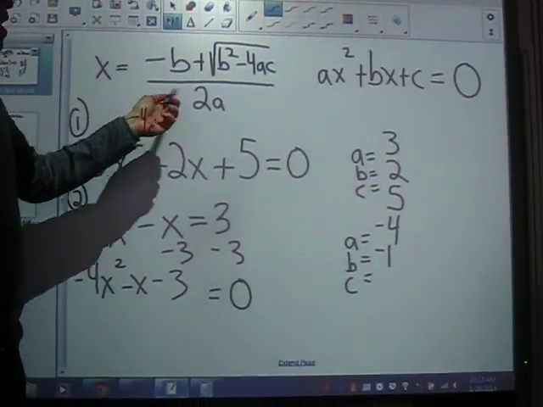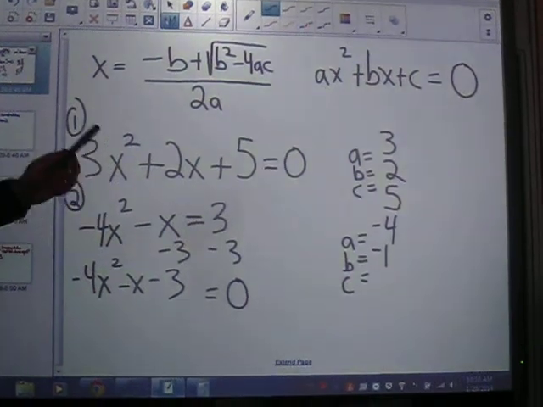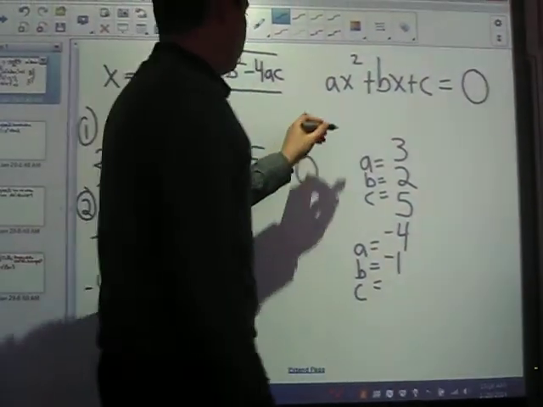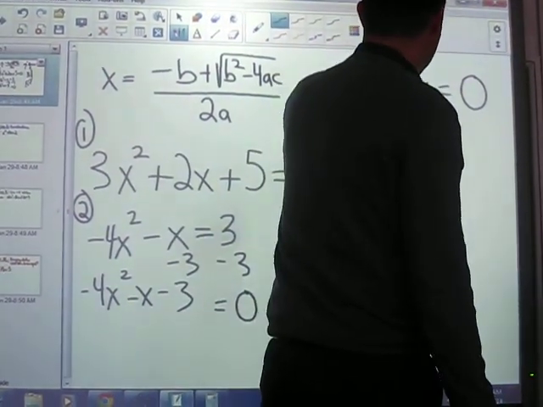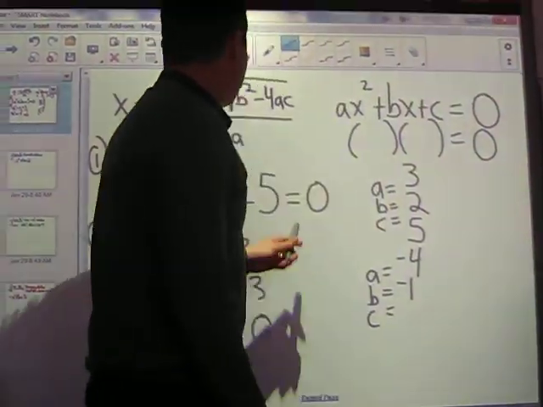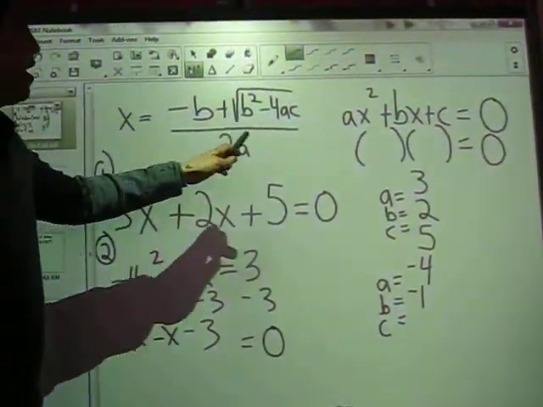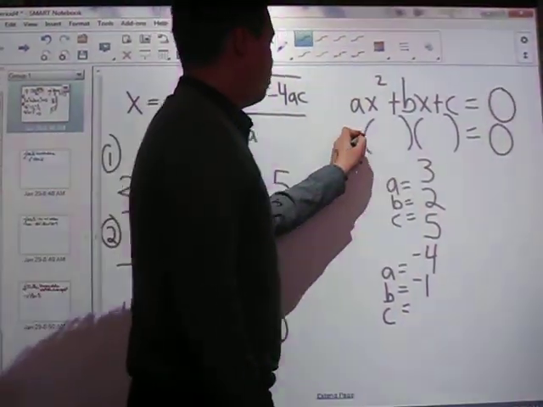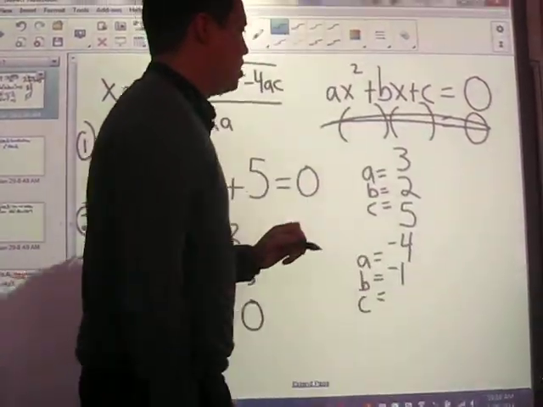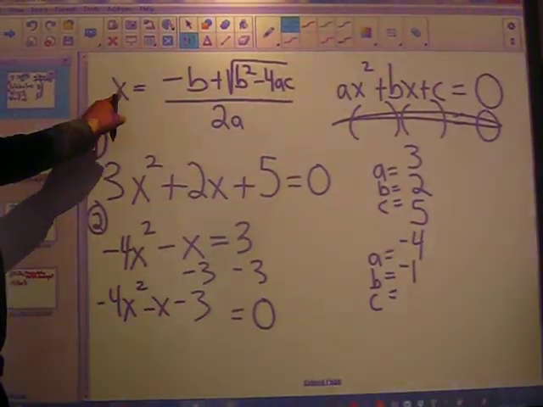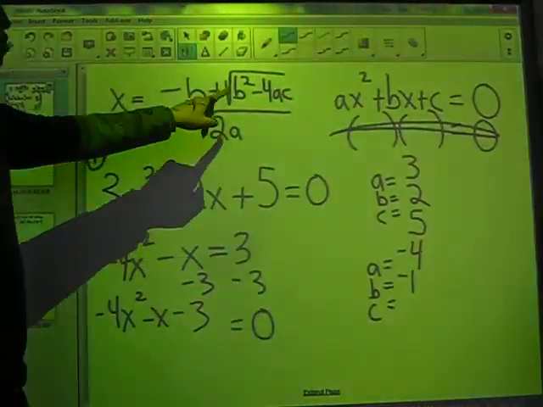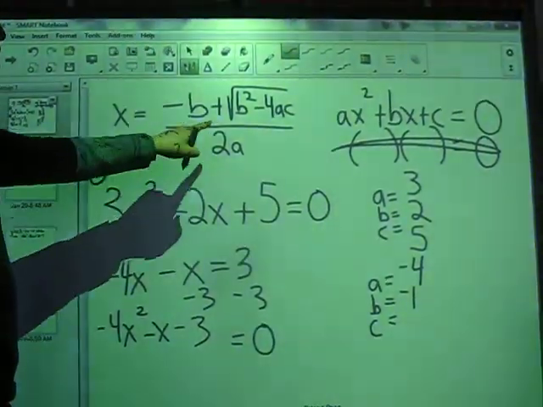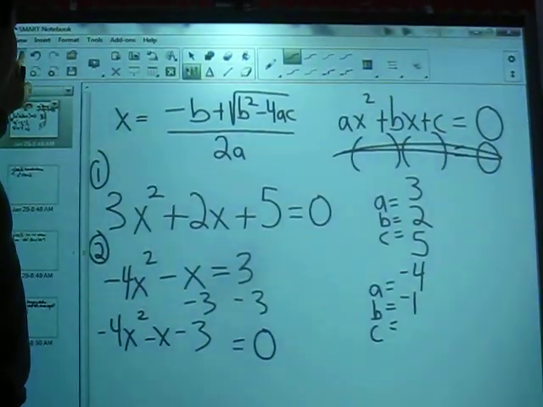We need this quadratic formula for when we can't factor it. This formula works for all quadratics, all second-order equations that can't be factored. If factoring is not an option, you can still find the solution by using this equation.